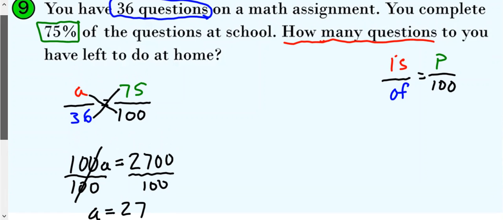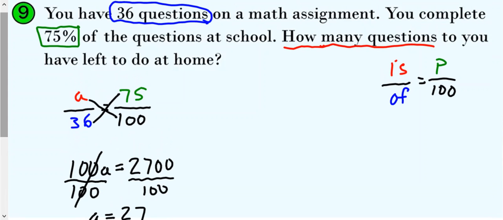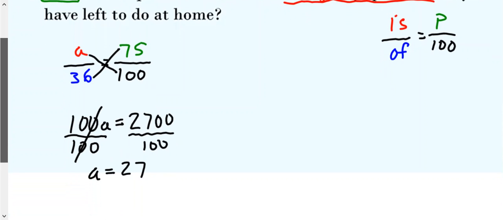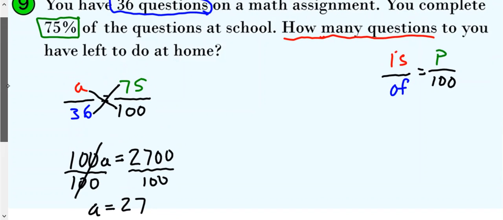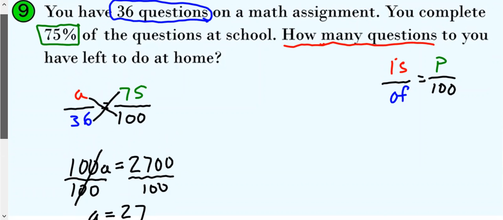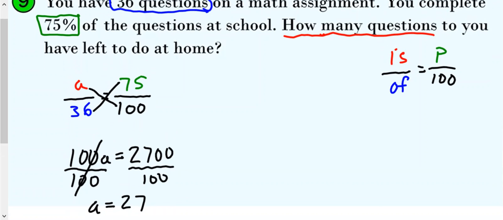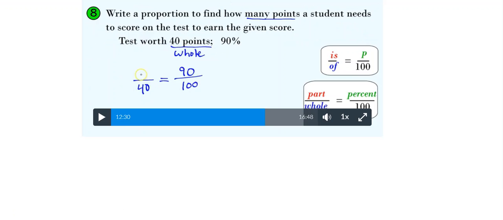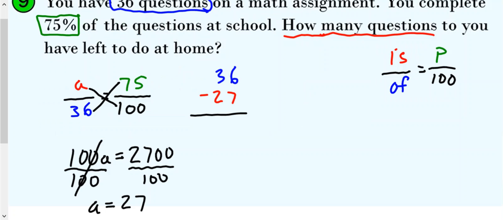So, of the 36 questions, you've done 75%. So that means that you've done 27 of the 36. So now, to figure out how many you need to do at home, we have to subtract. So now we have to subtract 36 minus 27, and that'll tell us what is left to do at home.